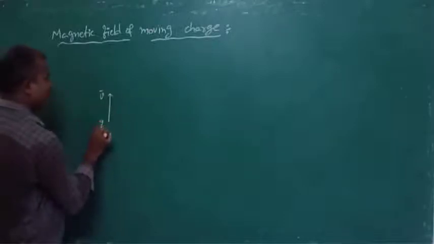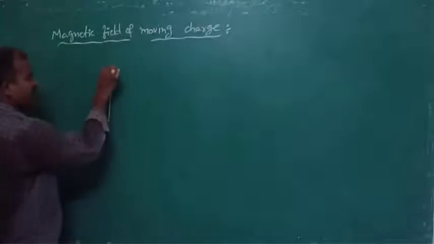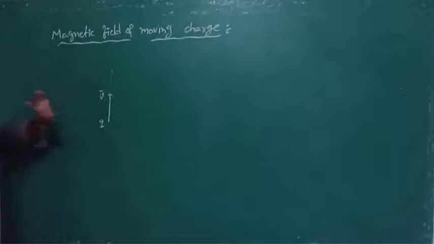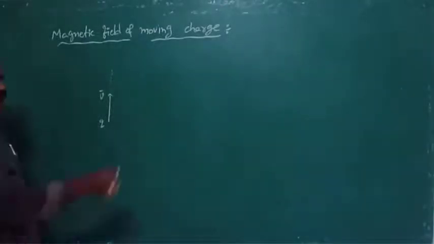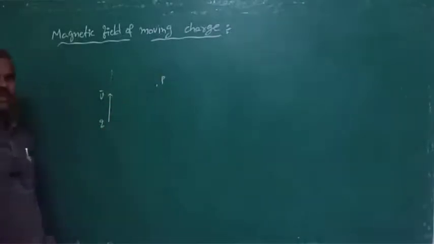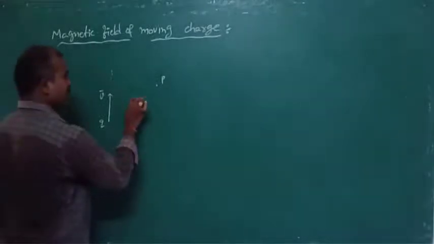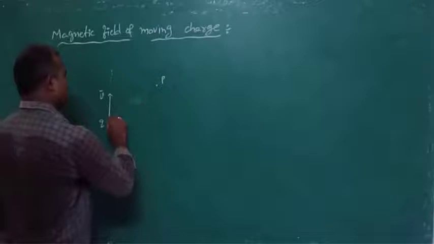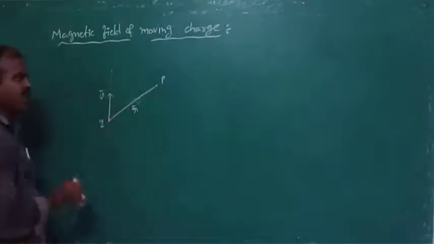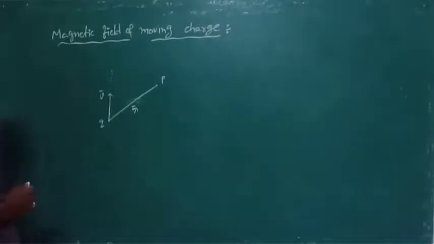We need to find the magnetic field at a point which is located at a distance, with position vector r bar.